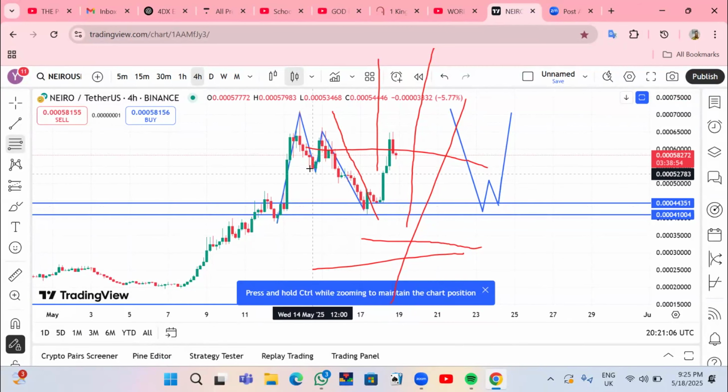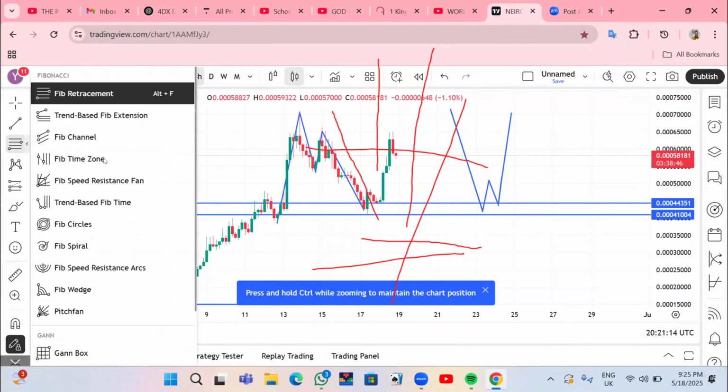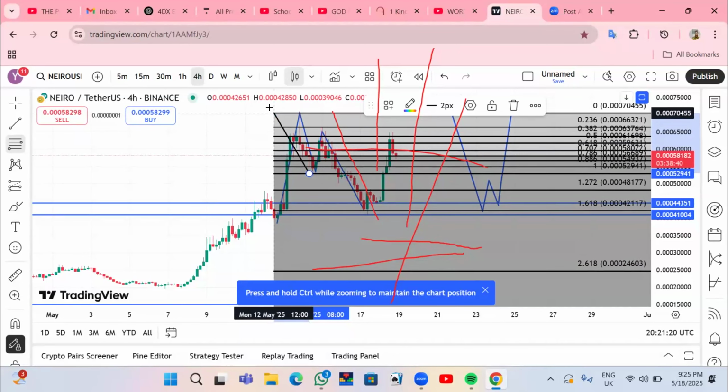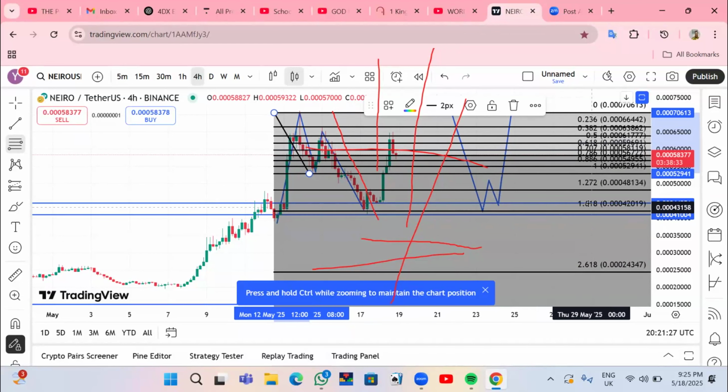So if I pull this fib now from here to here, the fib level here should be 1.618. If it is 1.618, then that is another confirmation for us. It gives us a good reason to enter the level. You can see that this level coincides with 1.618.